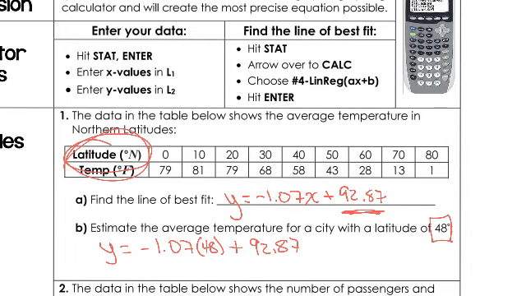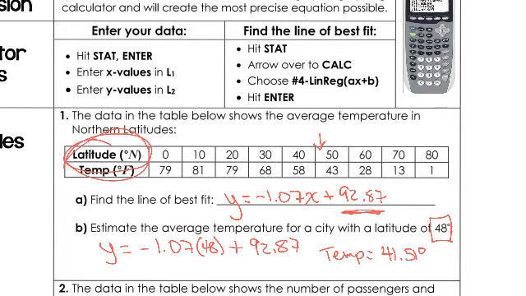So when the latitude is 48 degrees, we get an estimate of the temperature would be about 41.51 degrees.